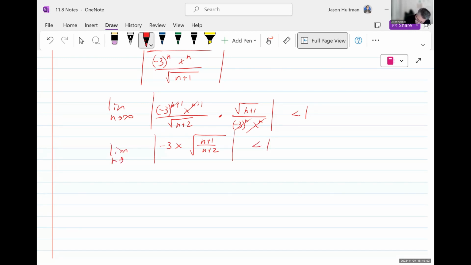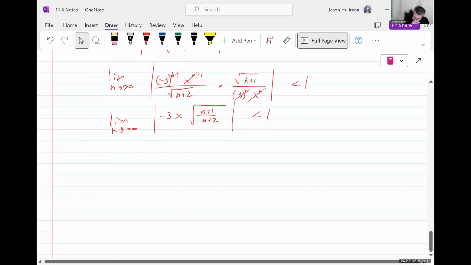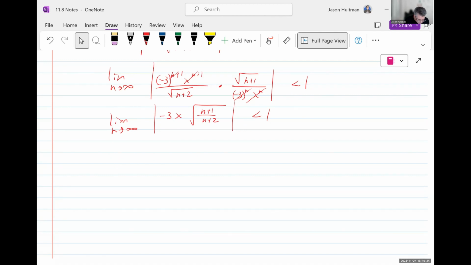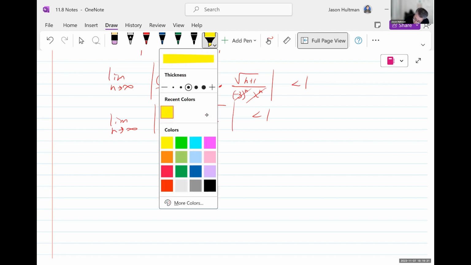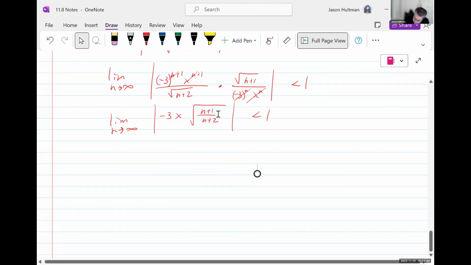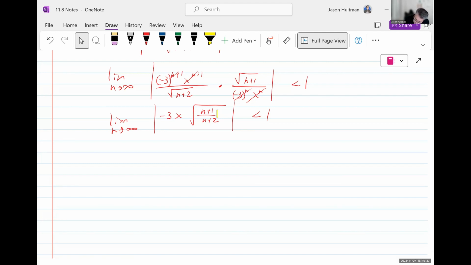So I get the limit as n goes to infinity of that. Again, everything in the square root is positive, so I can bring the absolute value of negative 3x outside and just deal with the limit.